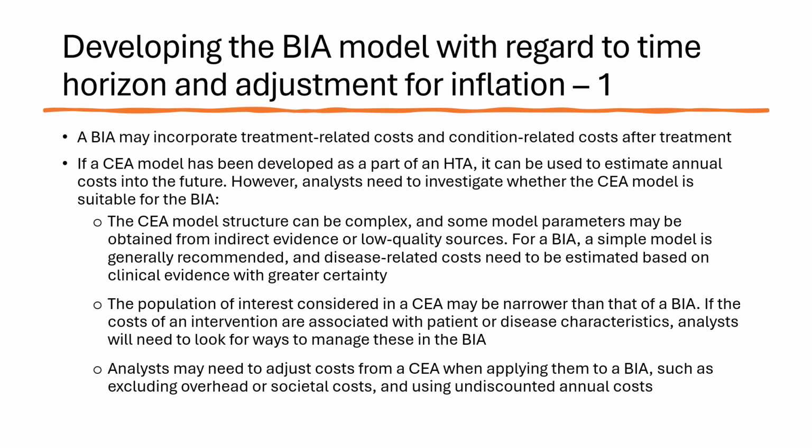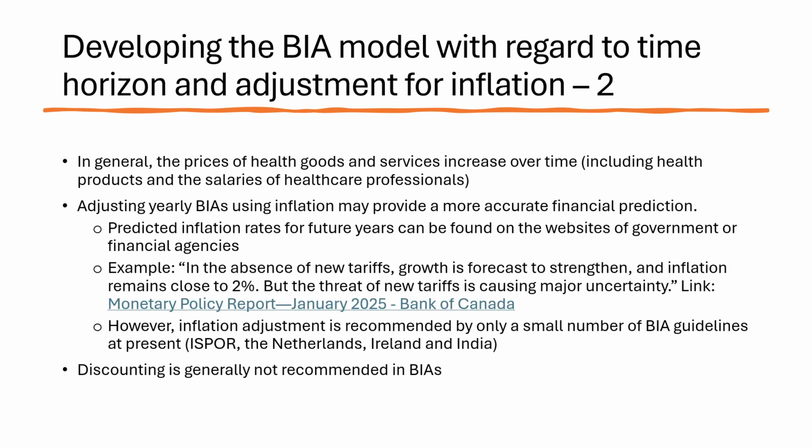However, analysts need to investigate whether the CEA model is suitable for the BIA. BIA aims to predict healthcare expenditure changes over future years. In general, the prices of health goods and services increase over time, including health products and the salaries of healthcare professionals. Therefore, adjusting yearly BIA using inflation may provide a more accurate financial prediction.